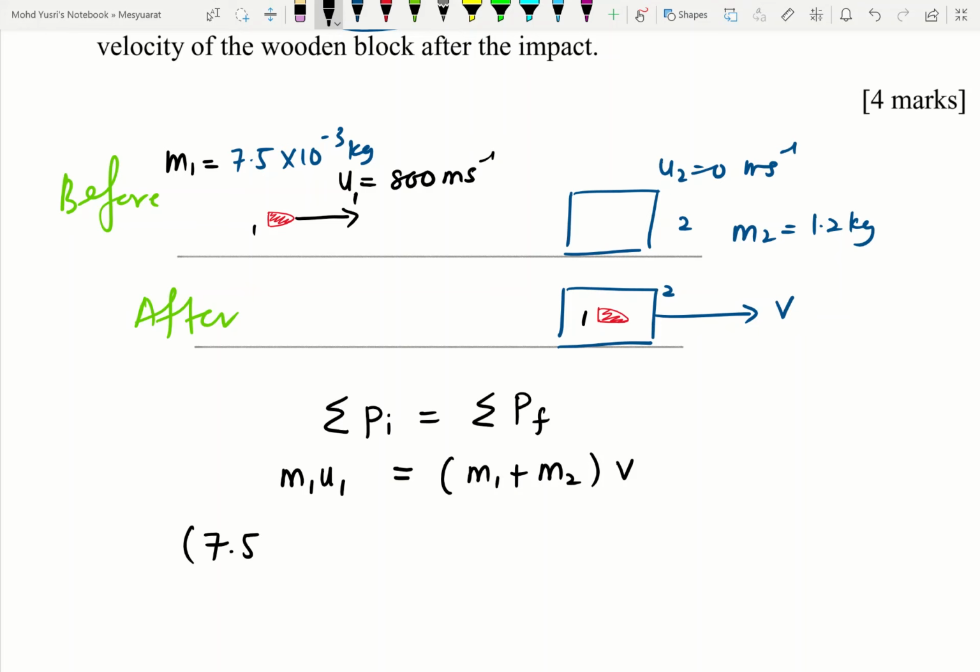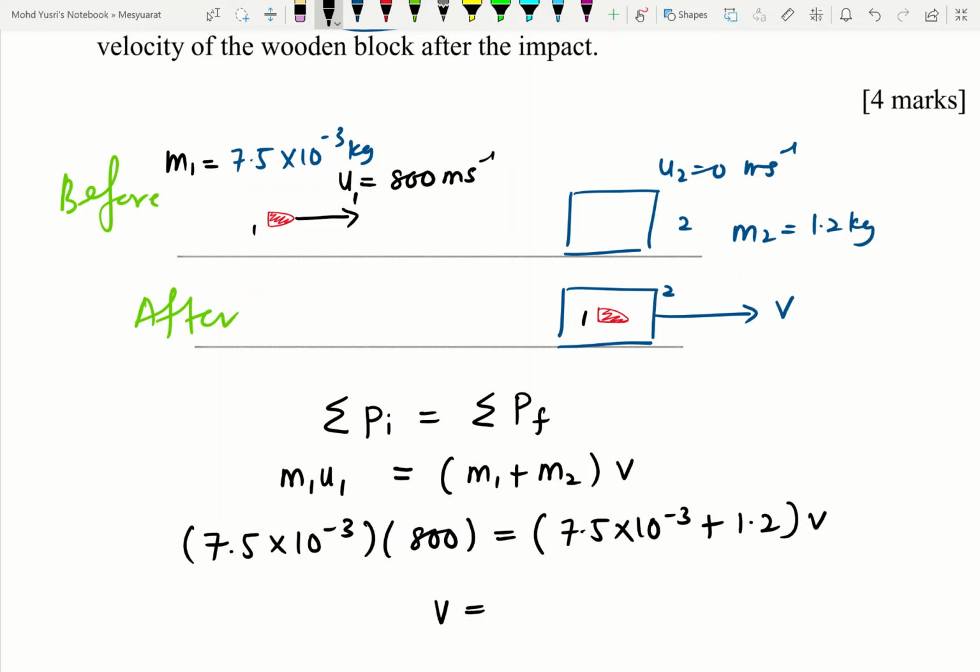Okay. Now this is momentum. Therefore, it is crucial that we convert the unit into SI unit, which is kilogram. So 7.5 gram is 7.5 divided by 1000, or 7.5 times 10 exponent negative 3 times 800 is equals to 7.5 exponent negative 3 plus 1.2, that is mass 2 times velocity.